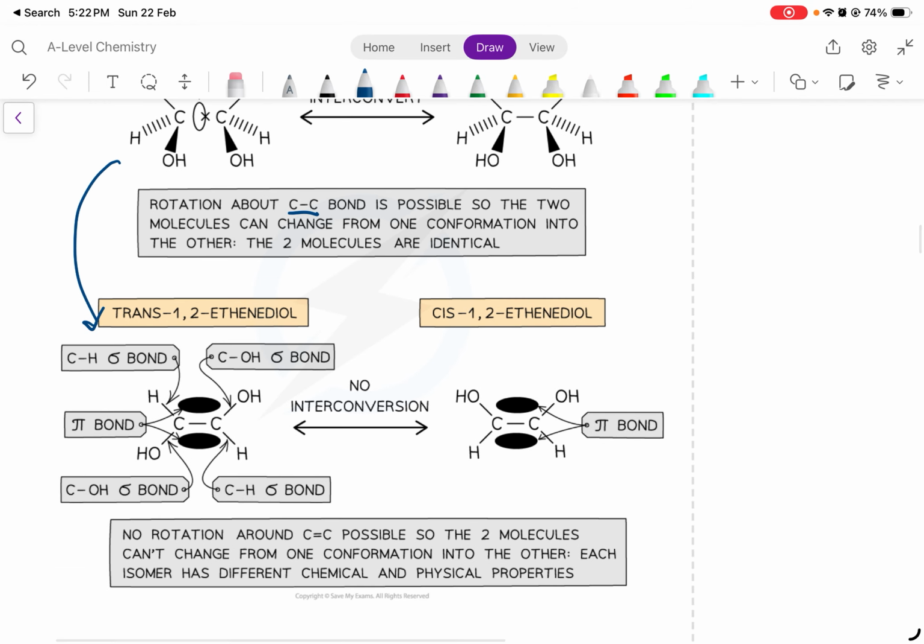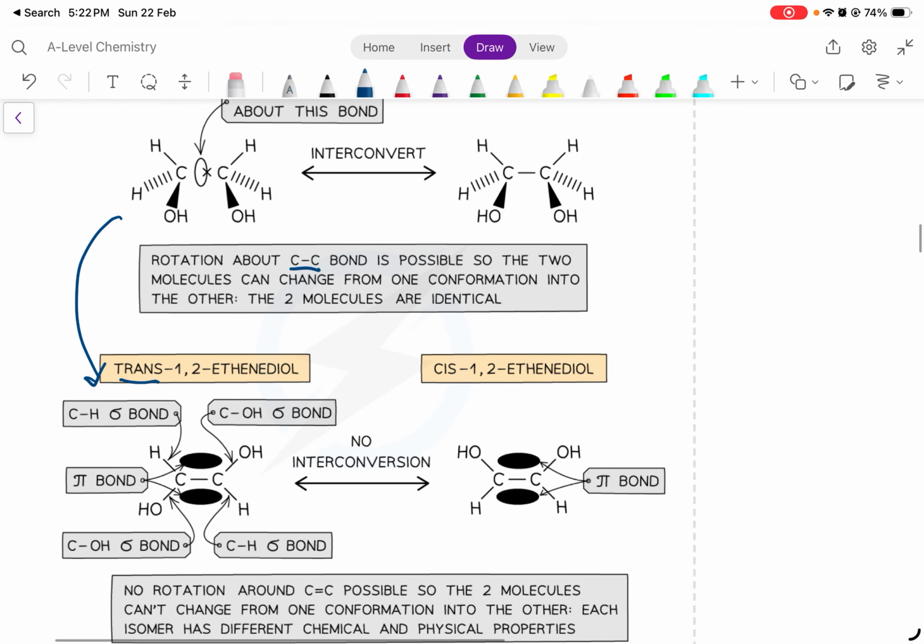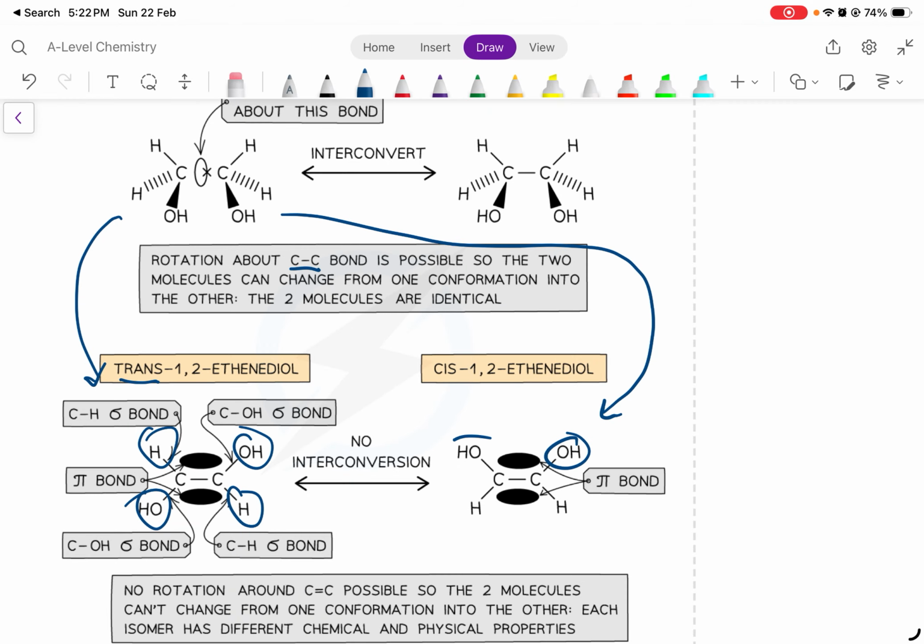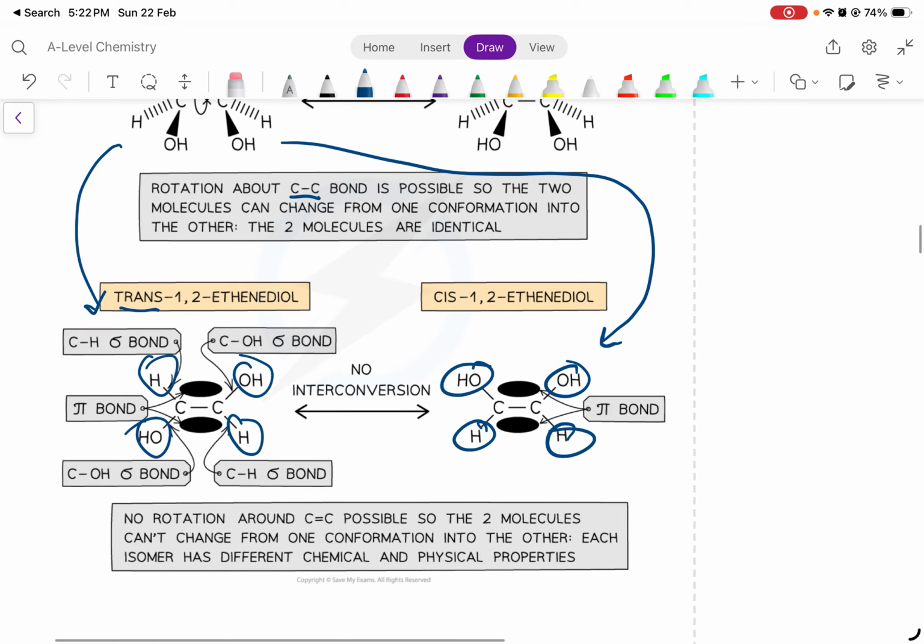Or if it's in terms of cis, and this is in terms of trans, see? Opposite. But in terms of cis, it's the same side. Okay, that's what we always want to say. Just remember there's no possibility for the two molecules to transform from one to the other if it's a C and C double bond.